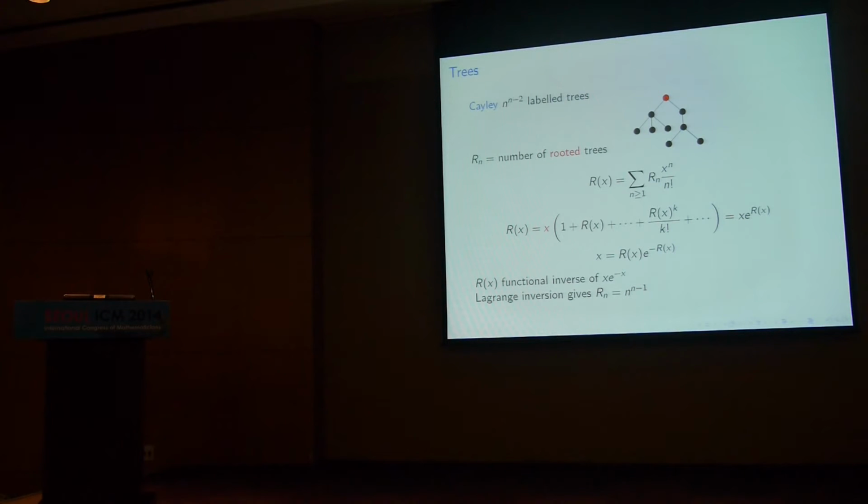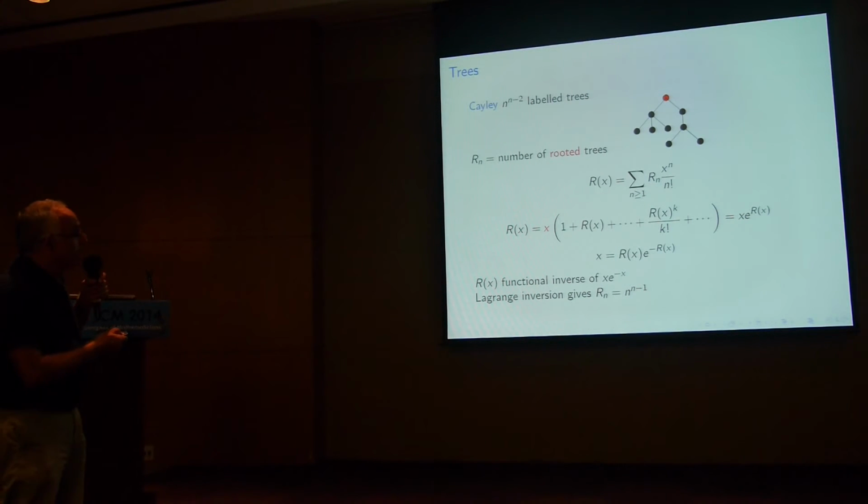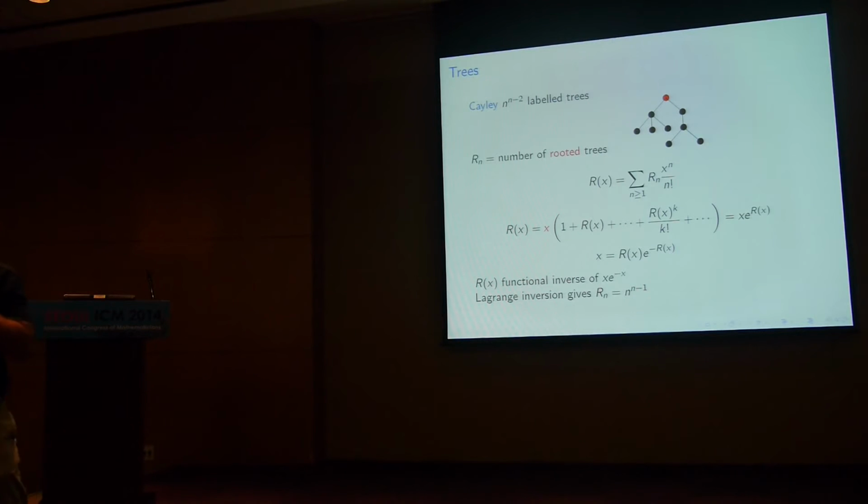And now, here is the fundamental equation, which reflects the combinatorial decomposition of trees. So, a tree has a root, and there is a collection of subtrees attached to the root. And this equation is really indicating this.